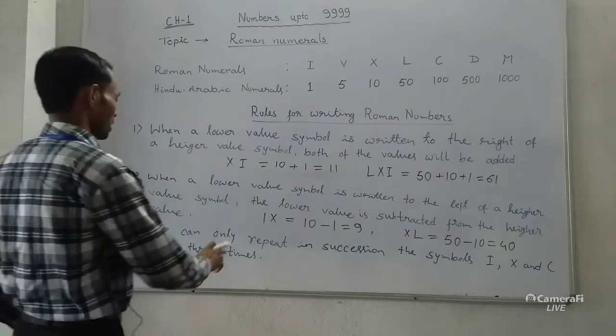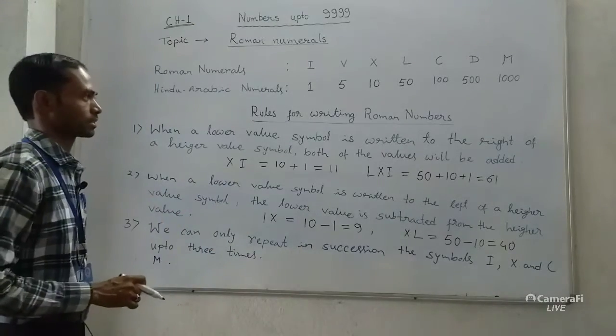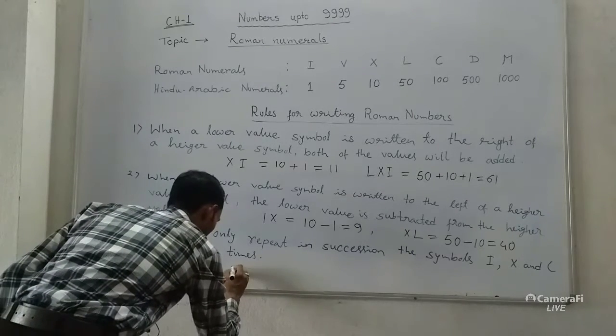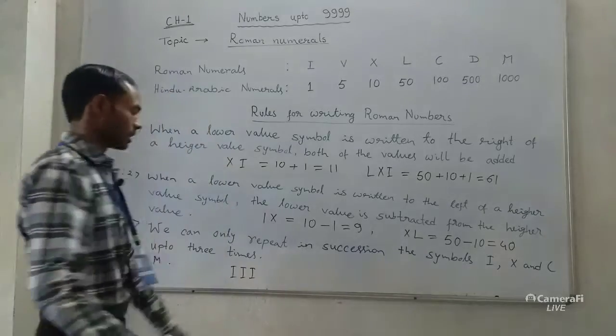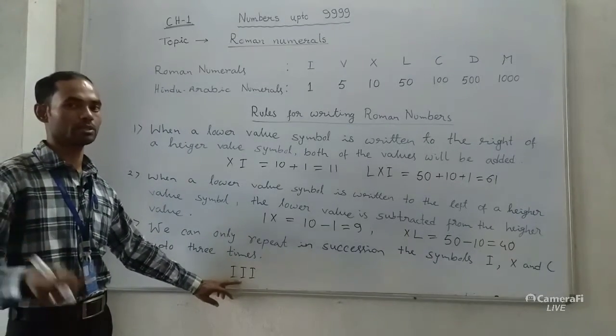What is the rule? You can repeat this symbol but up to 3 times. What is the meaning? Suppose I am taking I. So I is repeated 3 times, not more than 3 times you can repeat.